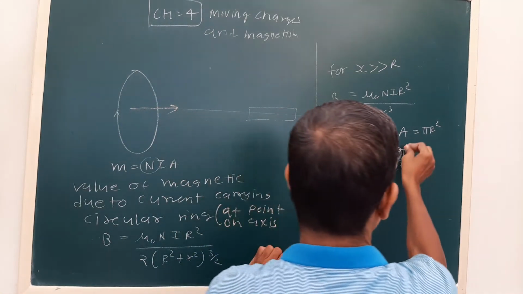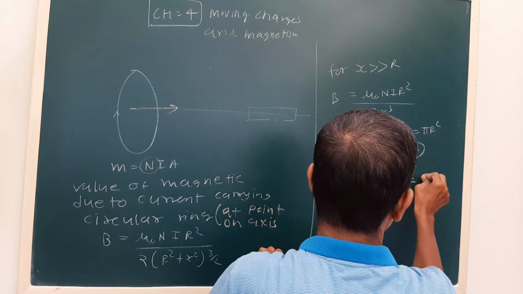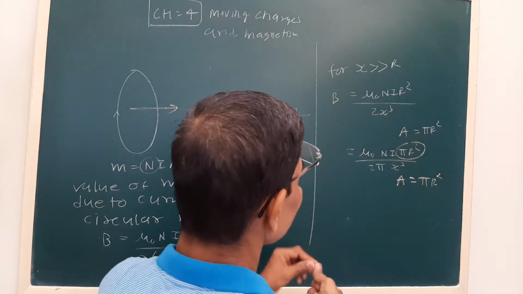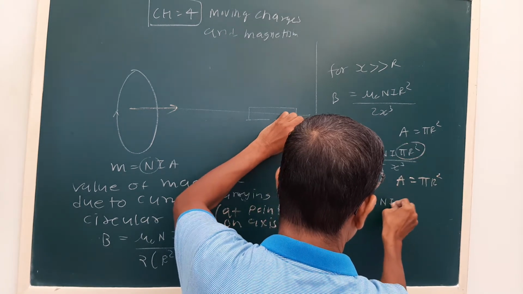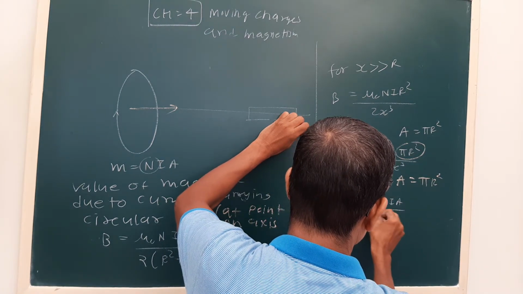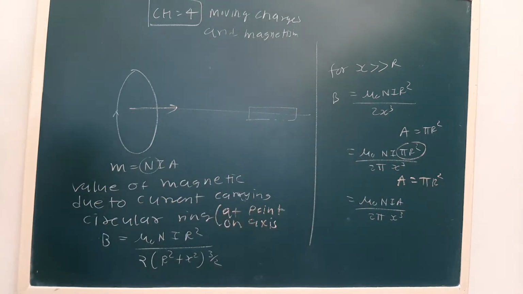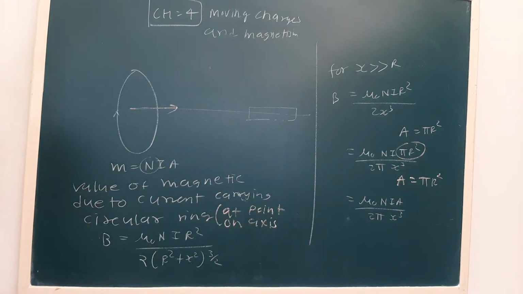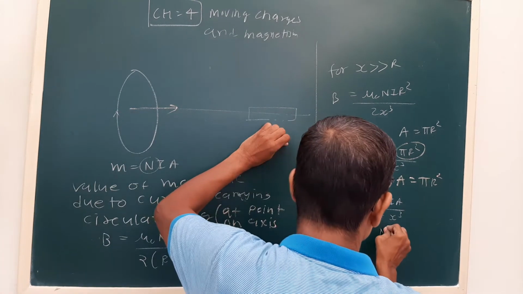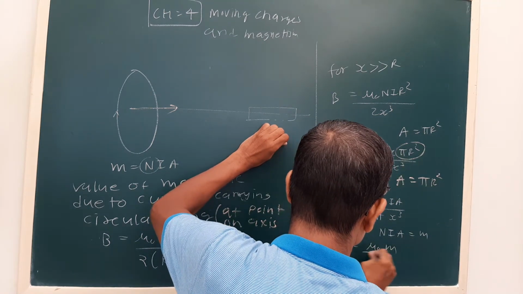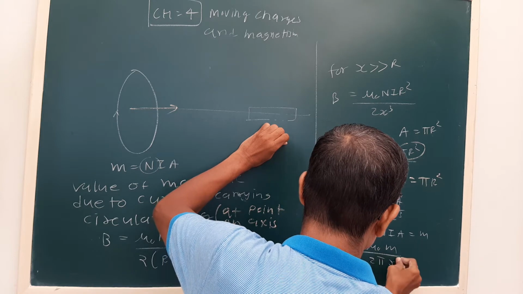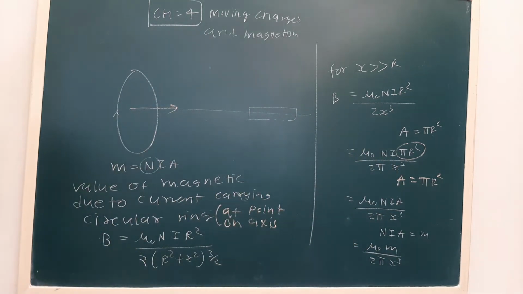Pi r square is the area here. So mu 0 NIA upon 2 pi x cube. Now see, NIA is nothing but our magnetic dipole moment. So this is how the equation will become.